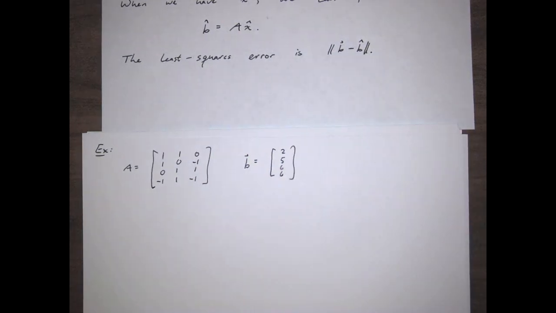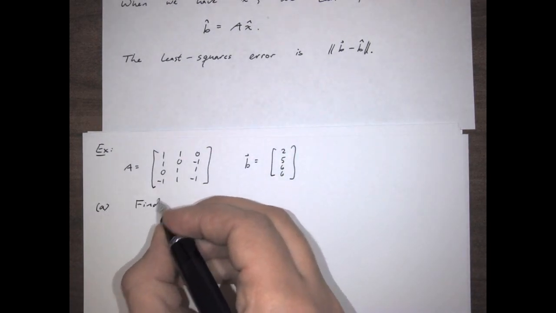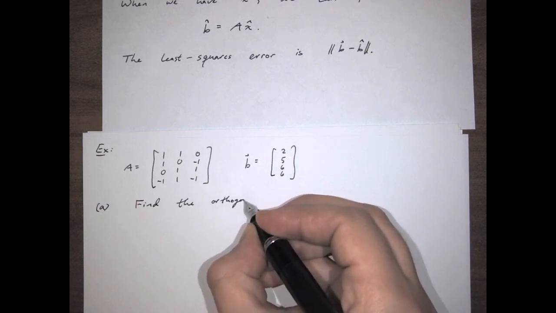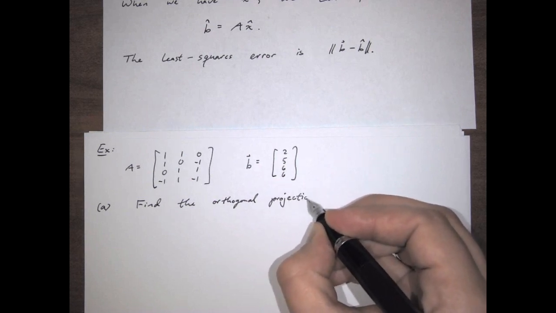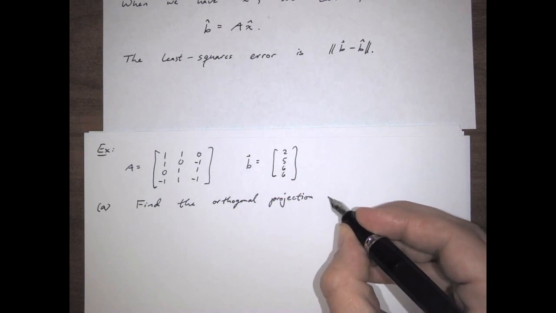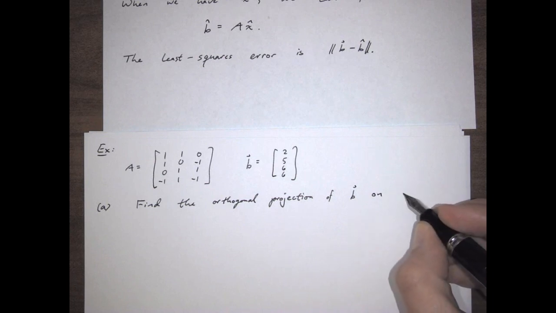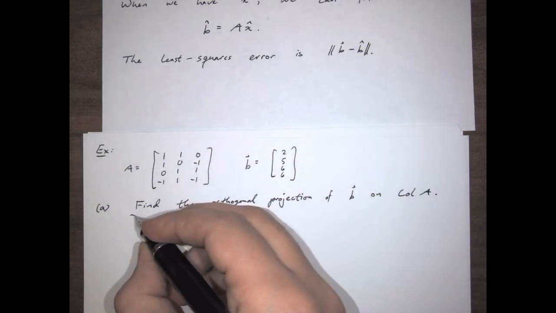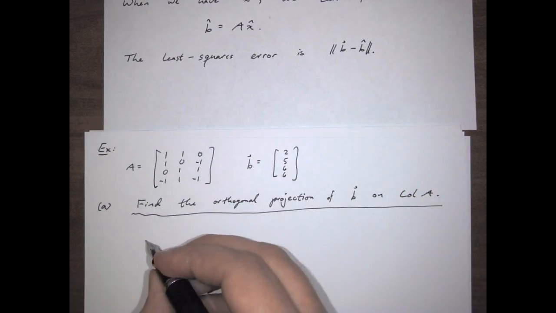Alright, so the very first question will be A. Find the orthogonal projection of B on the column space of A. Alright, well, let's think about this.